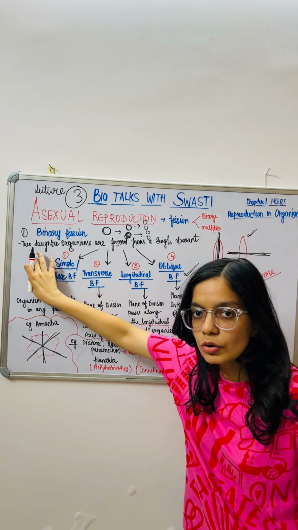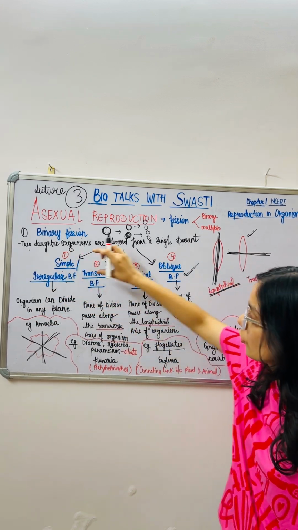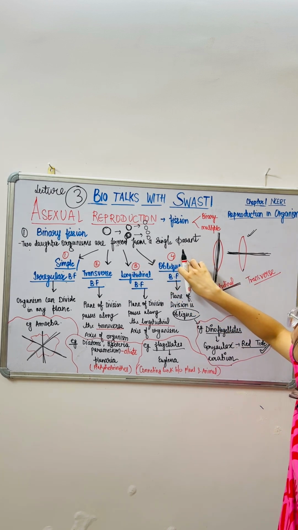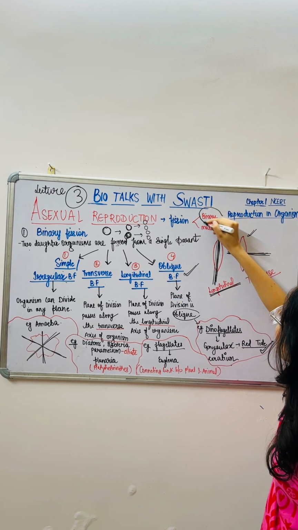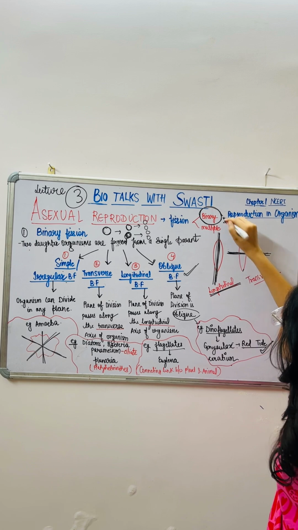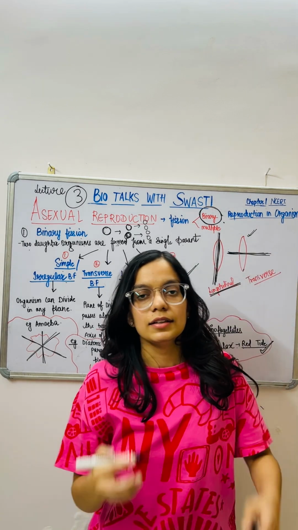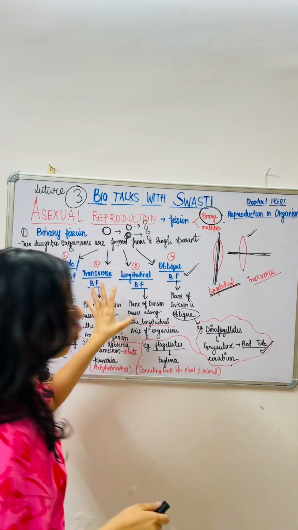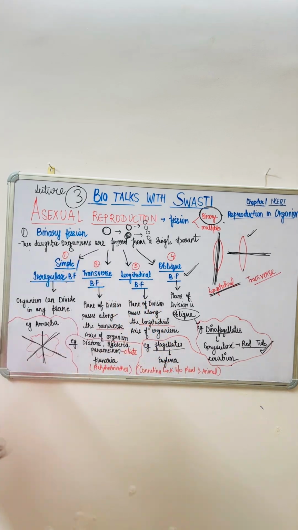And these are of four types: simple binary fission, transverse binary fission, longitudinal binary fission, and oblique binary fission. So we are done with the binary fission. Next we will discuss the multiple fission, okay? So yes, till then आप सब इसको नोट कर लीजिए और इसका स्क्रीनशॉट ले लीजिए सब.